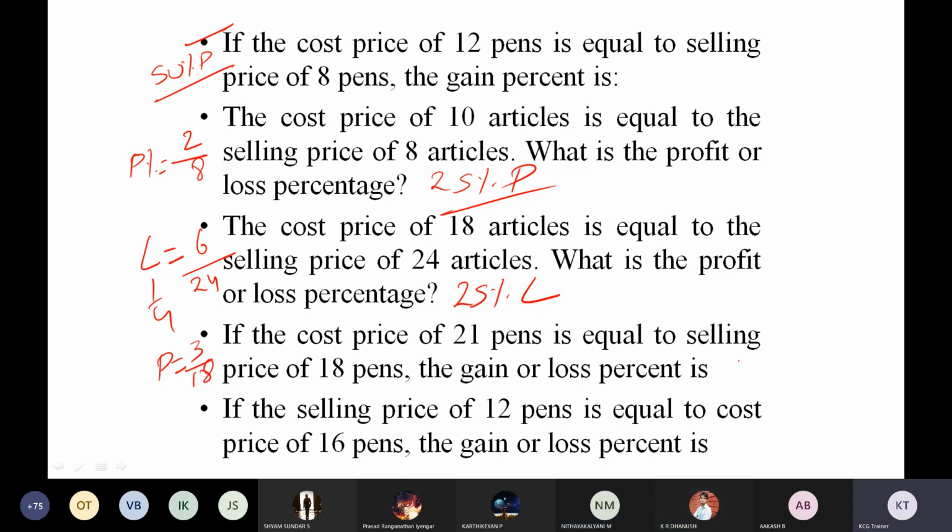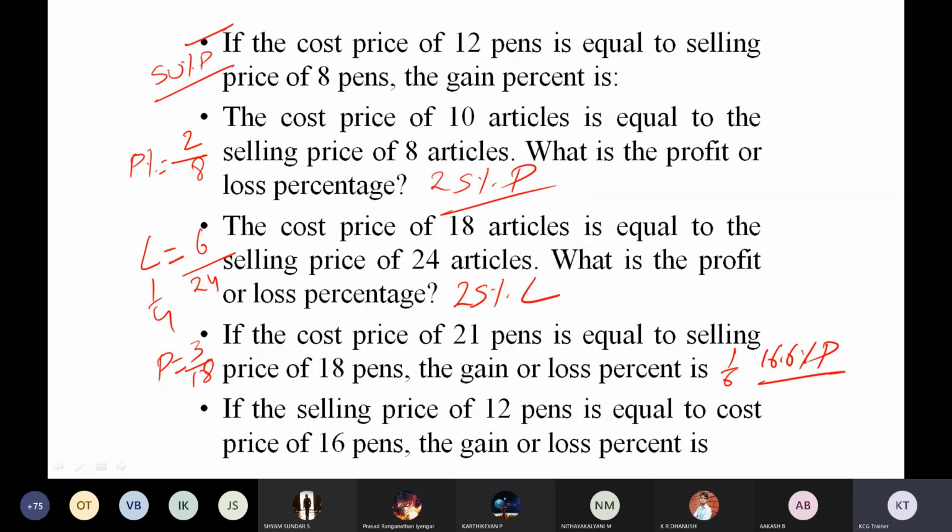Very good. 3 by 18 is nothing but 1 by 6. That is nothing but 16.6% profit. You should know the percentages of fractions from 1 by 2 till 1 by 9. It is very, very important.